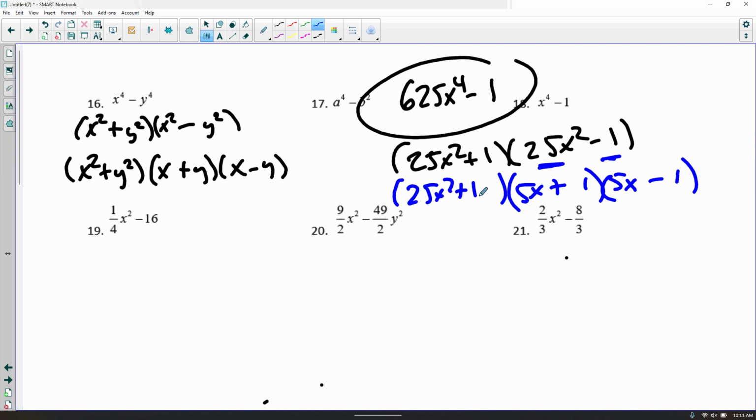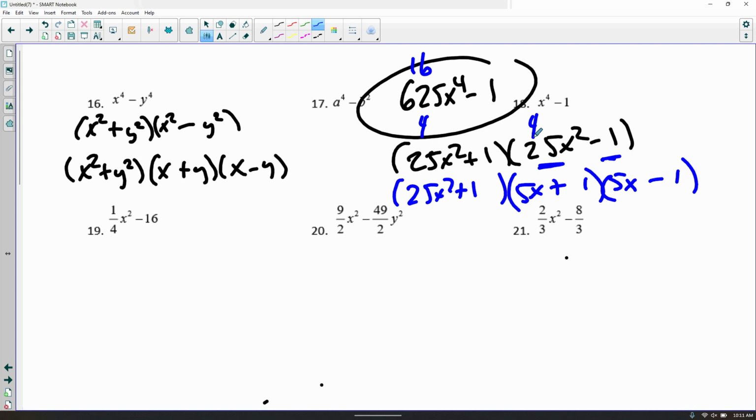Now, are there any other numbers other than 625 that do that? Which ones? Anybody? Give me one of them. 16 does, because 16 would break down to 4 and 4. Is there another one?